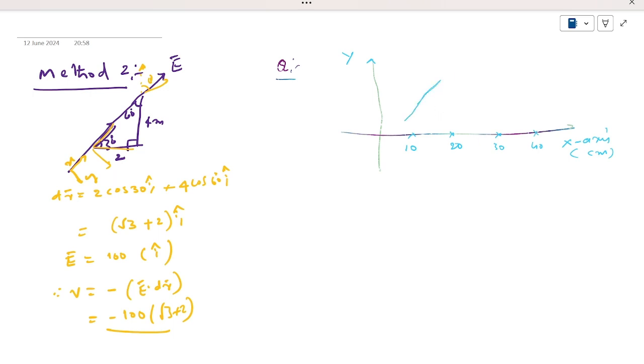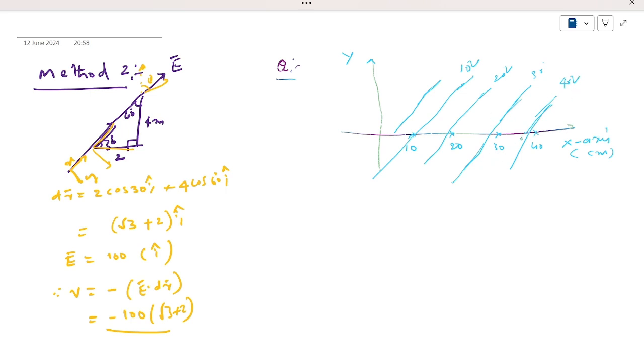This is the 10 volts equipotential surface, this is 20 volts, this is 30 volts, and 40 volts.